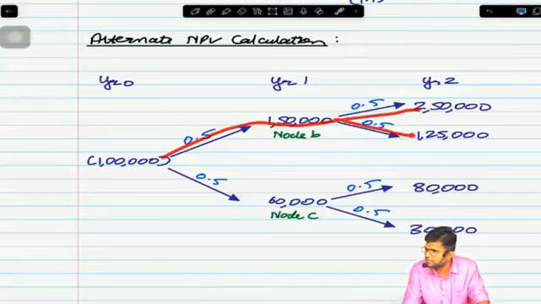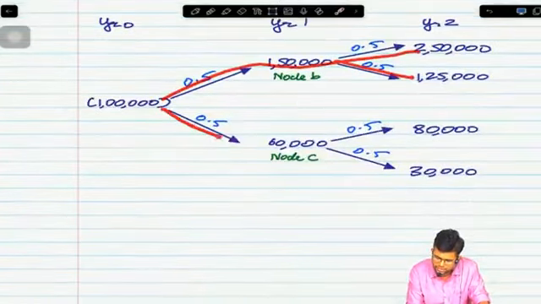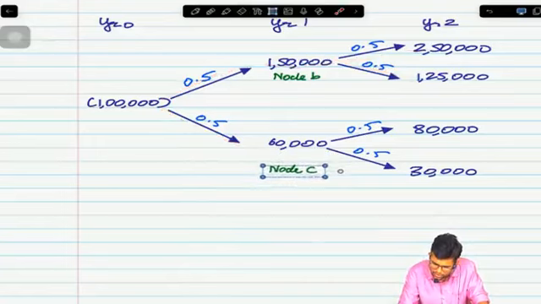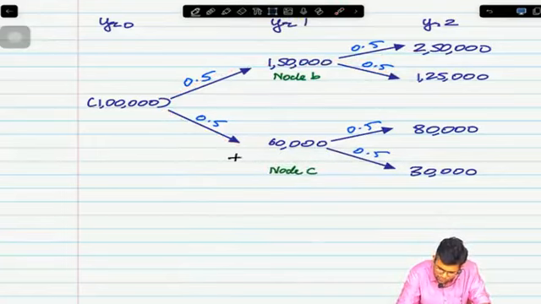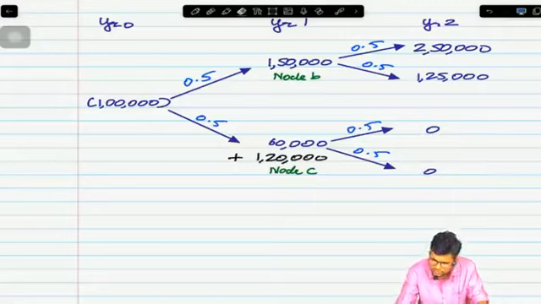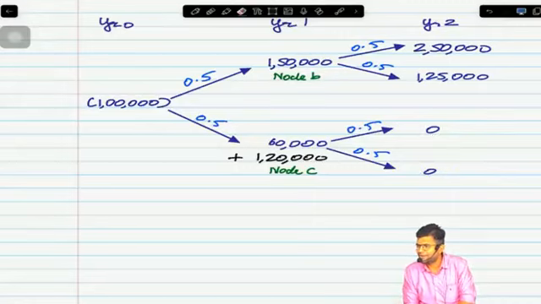If I follow this path and once I reach 60,000, I am not planning to continue here. This will go down here and I will write that I am going to get out with 1,20,000 cash, which makes all of this zero. Understood what I'm trying to do?